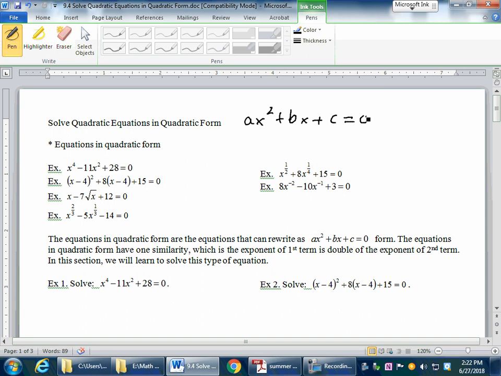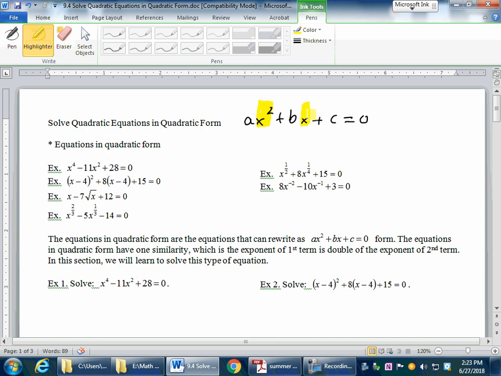So any equation that can be rewritten as something squared, and then the x term in the middle, in that format, we call that equation quadratic in form. So how do I determine whether an equation is in quadratic form or not?